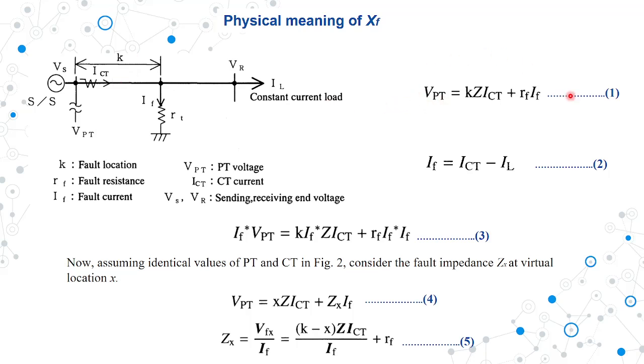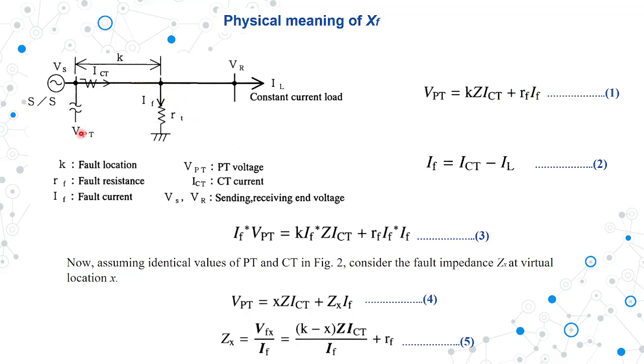This is an equation we can get from the above transmission line, where VPT denotes the potential transformer voltage. The voltage of the potential transformer is equal to K, the location of fault, times the impedance Z of the system into ICT, the current transformer current, plus RF into IF, the fault resistance and the fault current.